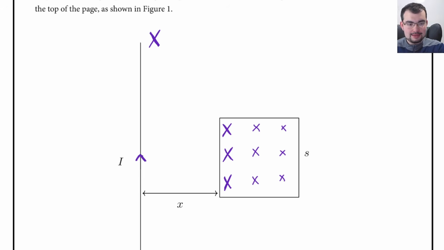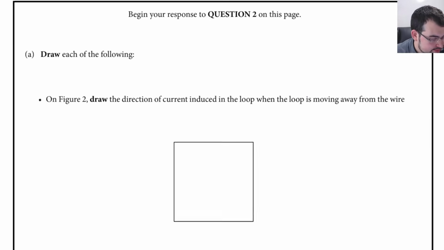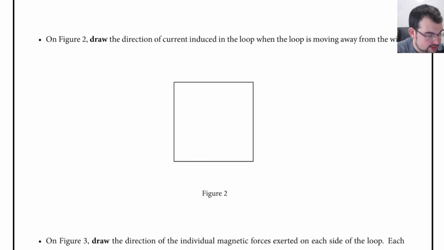So if I'm getting fewer x's, Lenz's law says we need to generate a current that's going to create an into the page B field to generate more x's. So if I'm getting fewer x's, I've got to generate more to counter that, and that is clockwise. So we have a clockwise current in the loop at this time. That's how you get A1.